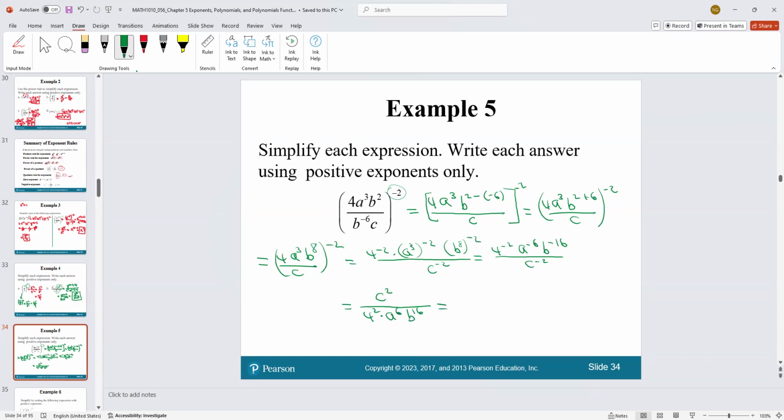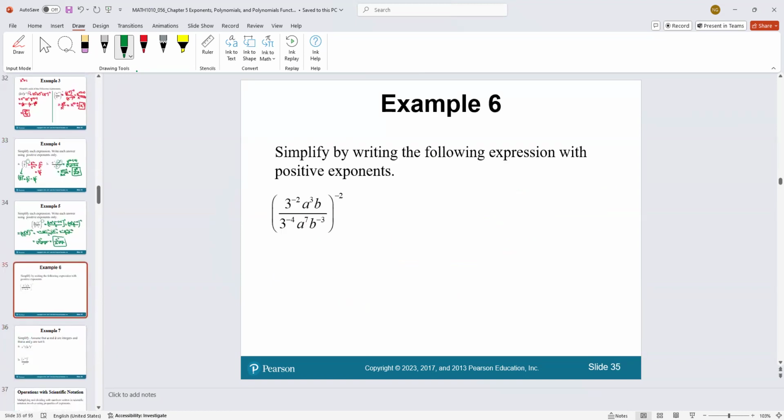What is 4 power 2? 16. So c power 2 over 16 times a power 6, b power 16. Yay! I think we do it because we have so many examples to do in these sections.